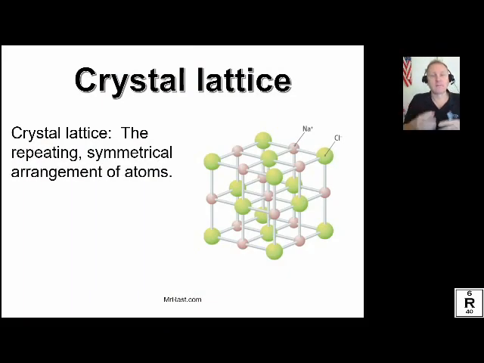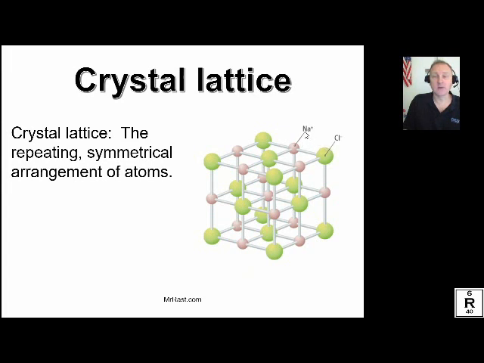A metal and a nonmetal make a salt, which is an ionic compound. Ionic compounds are salts, and they make a crystal lattice. When we see ratios like aluminum chloride, with 1 aluminum and 3 chlorines, that is the ratio of the relationship in the crystal structure. A crystal lattice is the repeating symmetrical arrangement of atoms. Here's an example of a crystal lattice of sodium chloride.